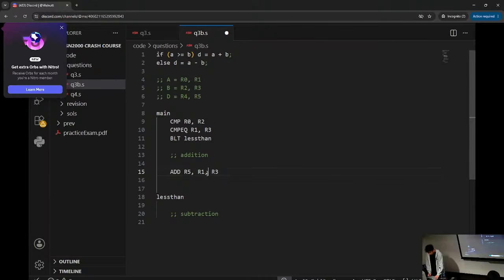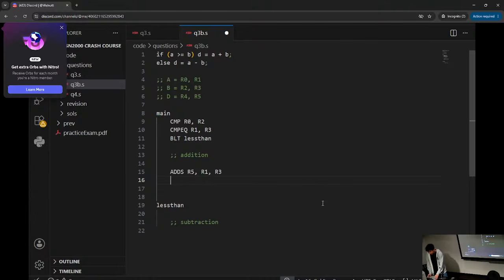How do we get the carry bit? Exactly. Someone said ADDS. So remember the S suffix updates your flags. So when this instruction is run, if there is a carry bit, we now have access to it. Cool.